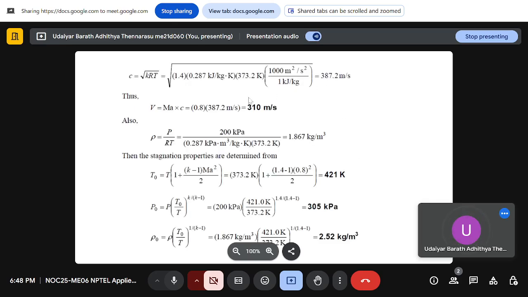What we know is the Mach number is 0.8, temperature is 373.2 K and pressure is 200 kilopascal for air. So that is the inlet condition.